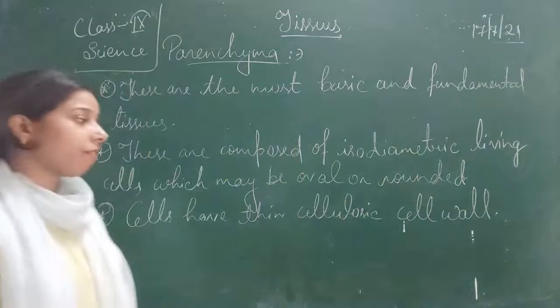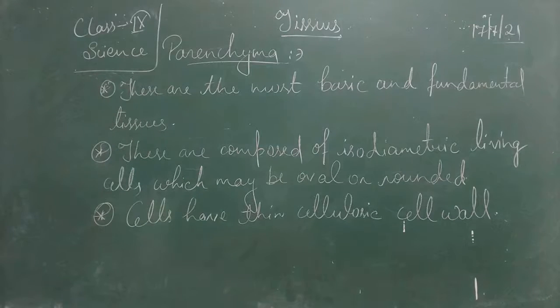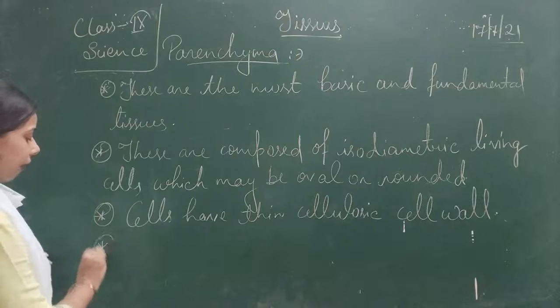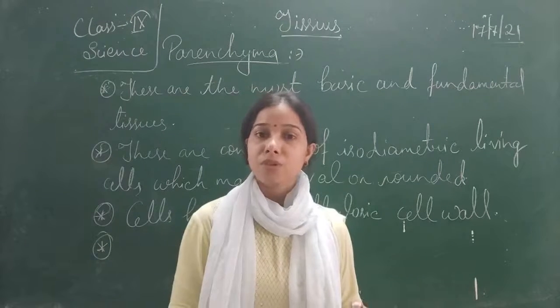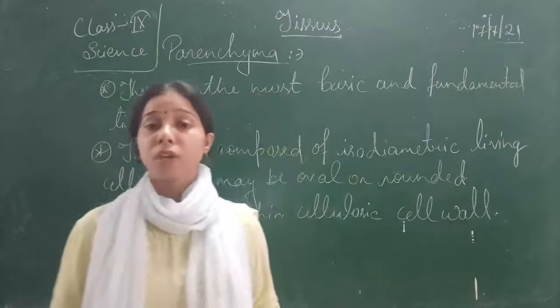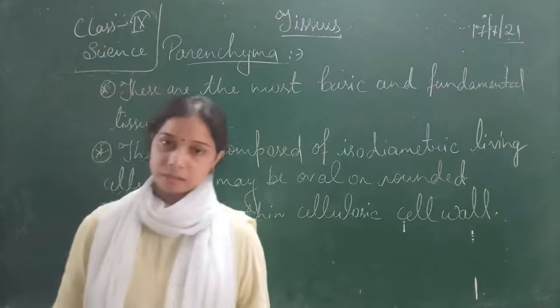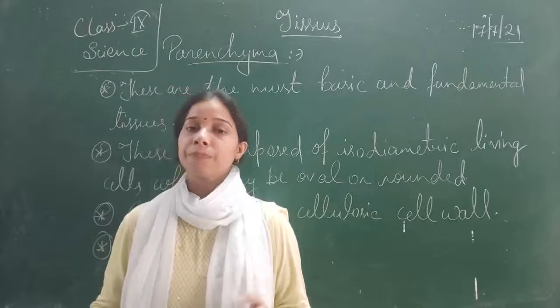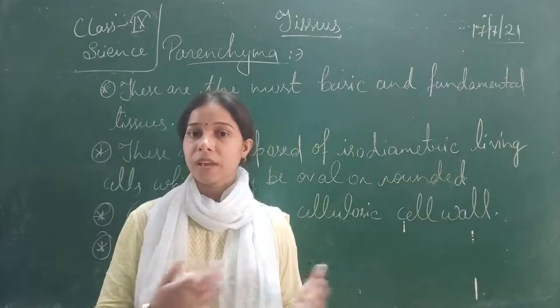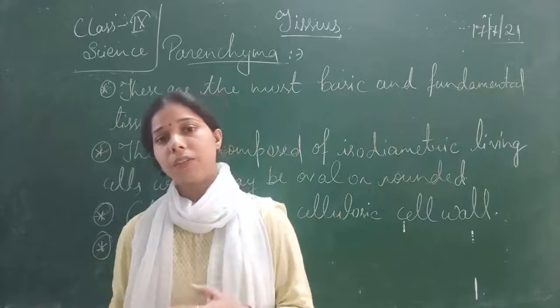Okay, cells have thin cellulosic cell wall, as we have seen in the characteristics of the parenchymatous tissue. In parenchymatous tissues, the cells have a lot of intercellular spaces. So obviously, even in the parenchyma, in the permanent tissue, we have seen that they have intercellular spaces.